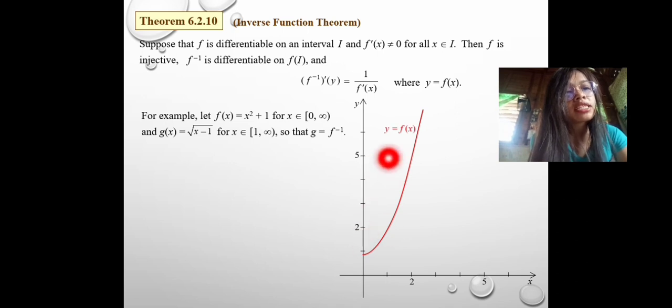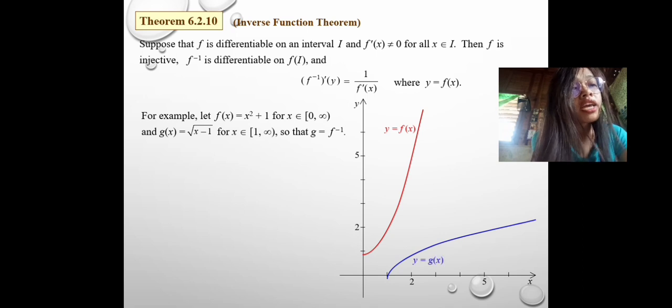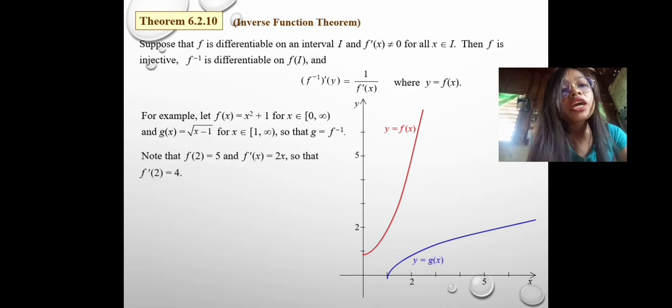This one is y equal to f(x), and this one is y equal to g(x). Note that f(2) equals 5 and f'(x) is equal to 2x, so that f'(2) is equal to 4.